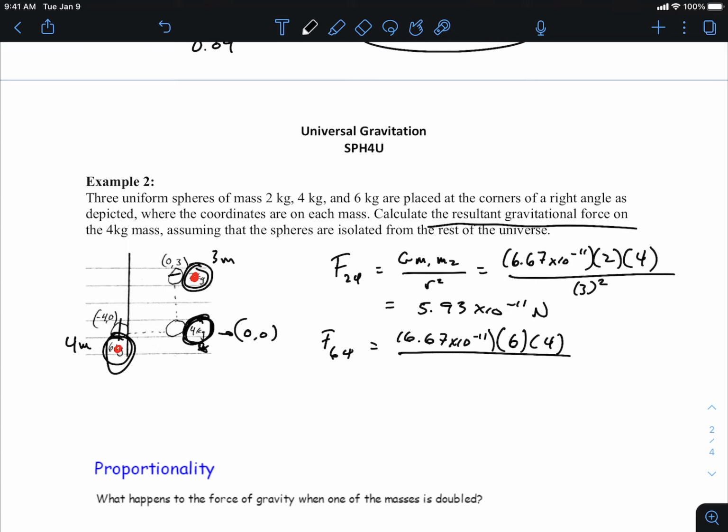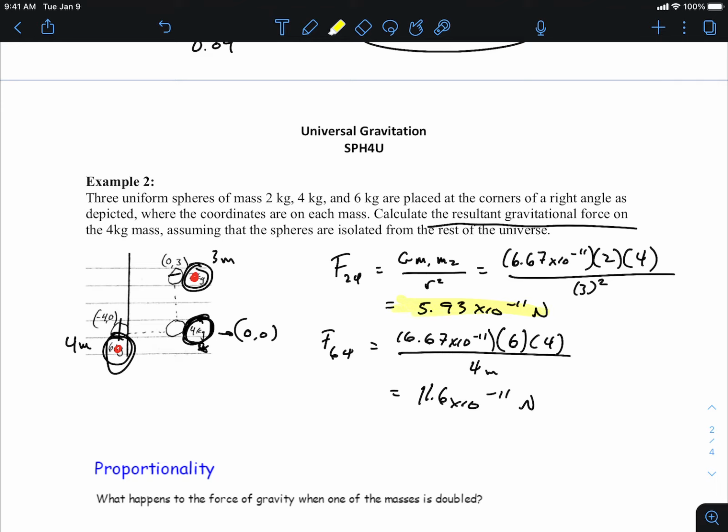Well, it looks like it's 4. And so, if you were to plug that in, you would get an answer of 11.6 times 10 to the negative 11 newtons. Okay, so here are two answers.